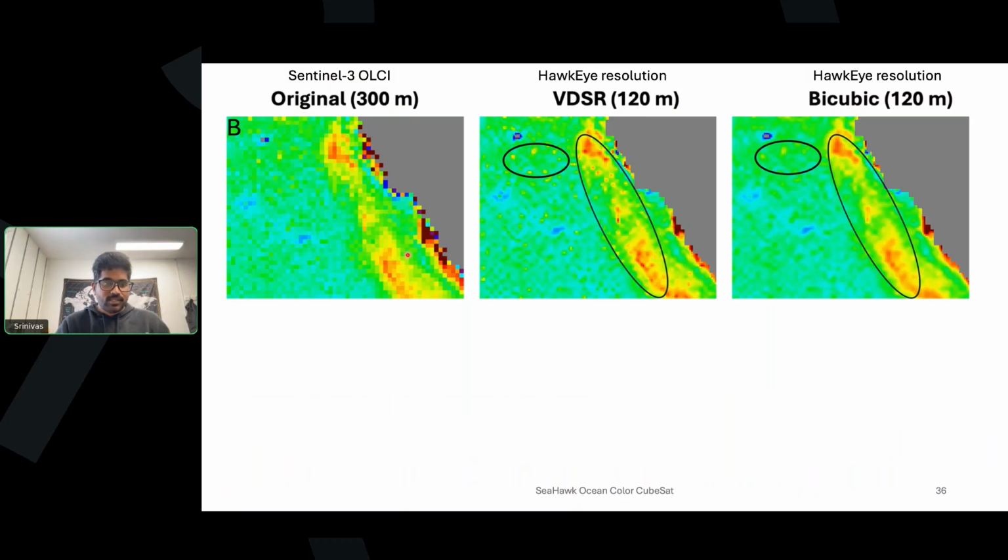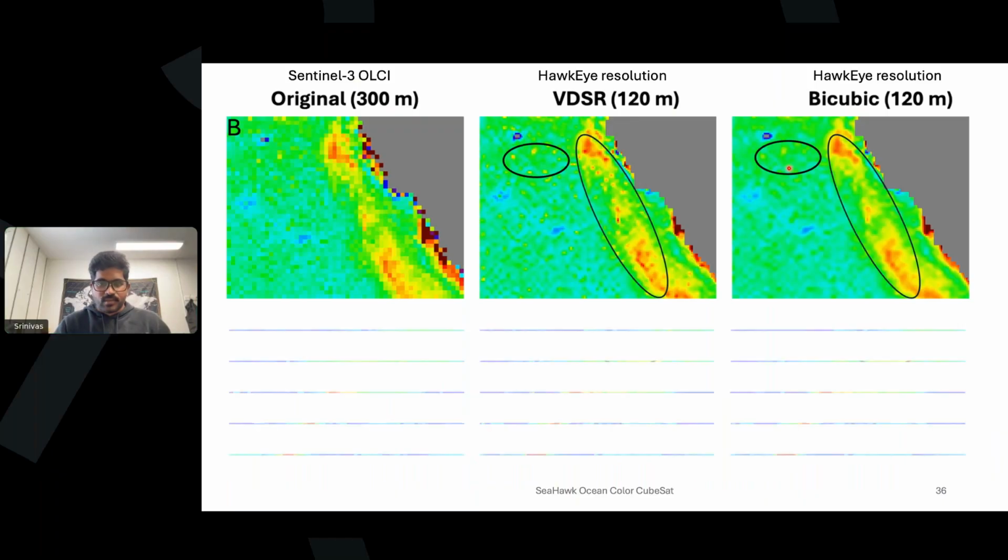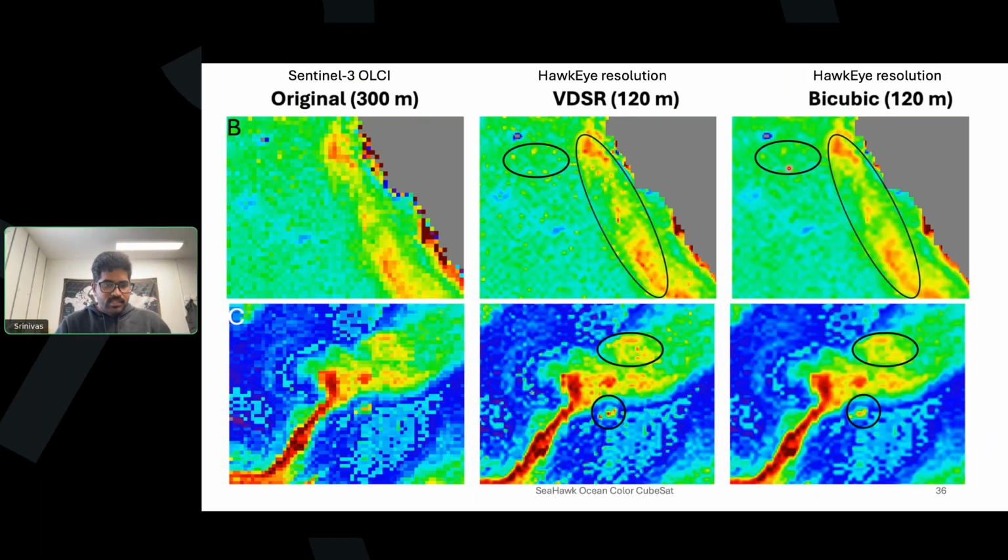You can see the difference from 300 meters to 120 meters, as well as the bicubic. But bicubic lost some of the features, as you can see here and here. This is another snippet of the image, which shows that VDSR is a deep learning model that is able to capture the crisp and clear features, reproducing them from low resolution data to high resolution data.